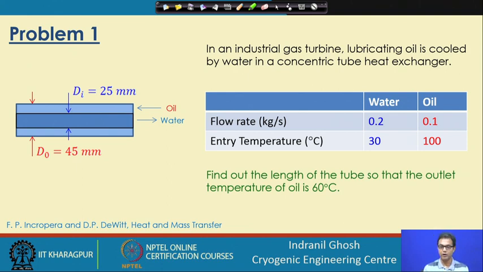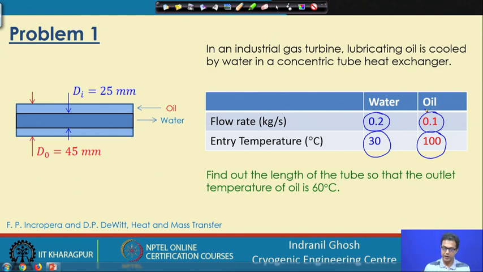The flow rates of water and oil are given, and their inlet temperatures are known. The entry temperature of water is 30 degree centigrade, whereas that of the oil is 100 degree centigrade. The water flow rate is 0.2 kg per second, and the oil flow rate is 0.1 kg per second.